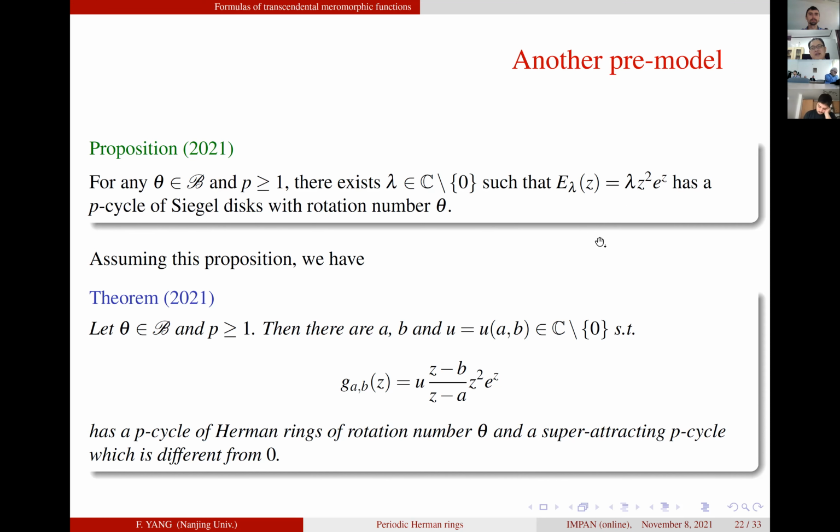So after surgery, 0 corresponds to 0 here, and the p-cycle of Siegel disks corresponds to a p-cycle of Herman rings. The origin does not belong to the neighborhood of the Herman rings, and we produce a super-attracting p-cycle which is different from the origin.